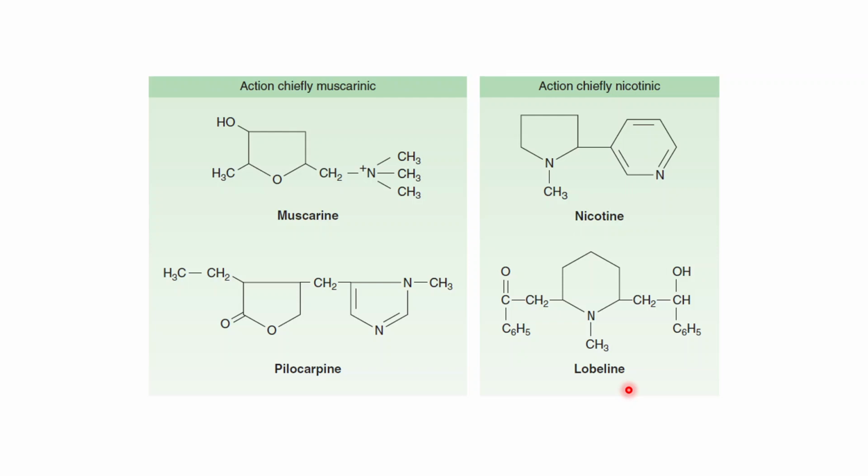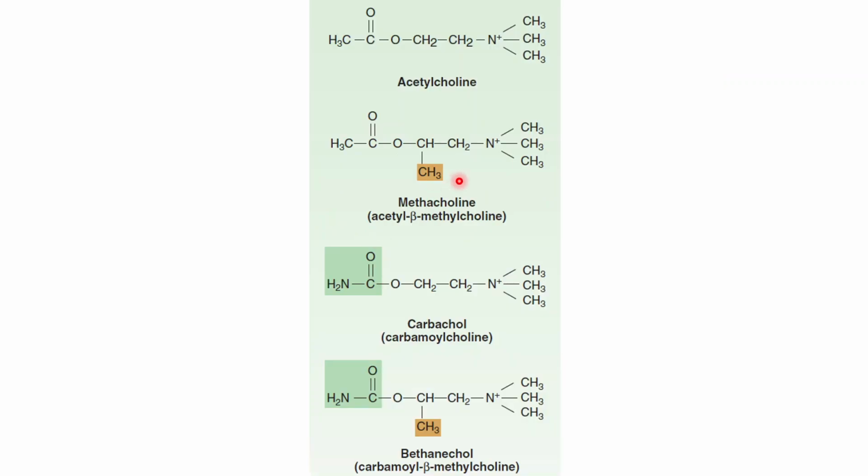The muscarinic receptor is stereoselective, and for example, S-bethanechol is more potent than the R-bethanechol.